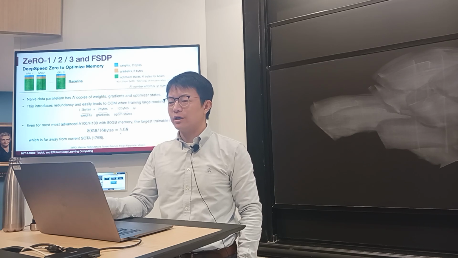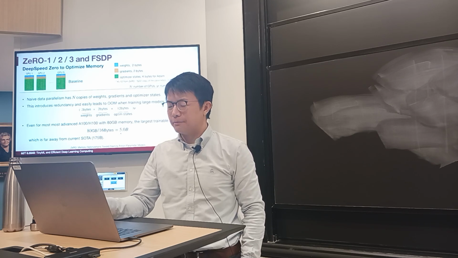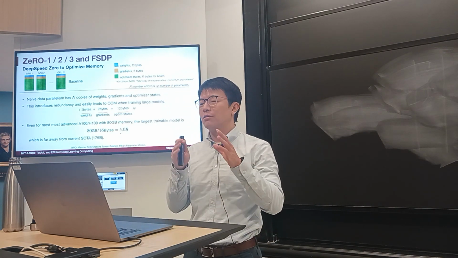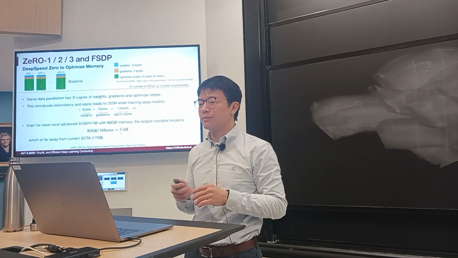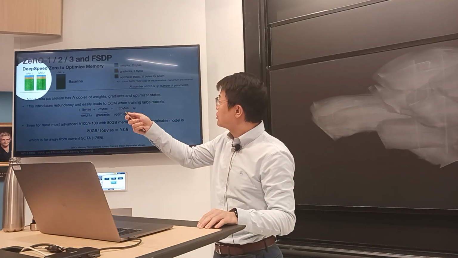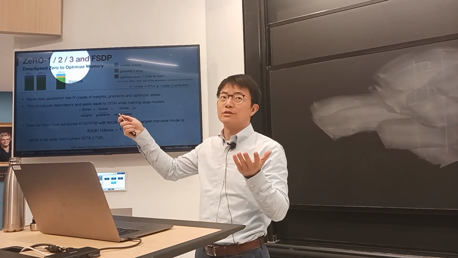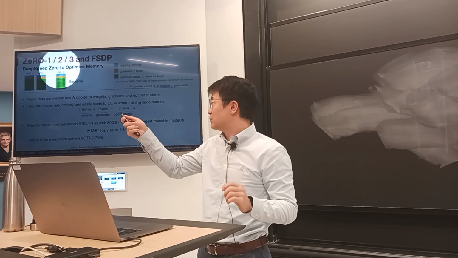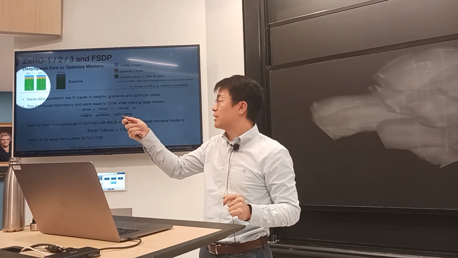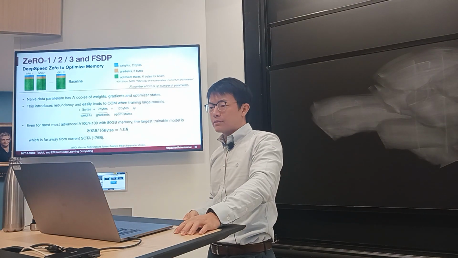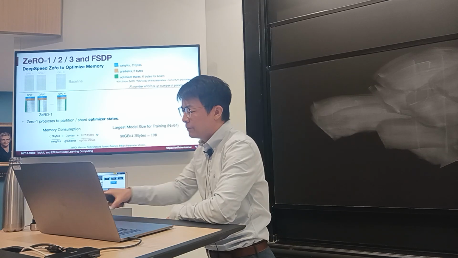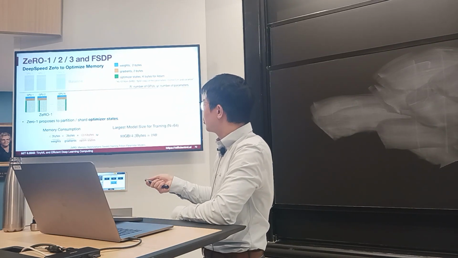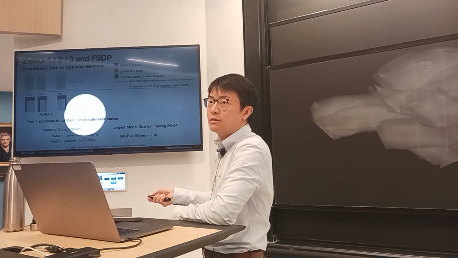So how can we do better? Previously we had n copies of the weight, gradient, and optimizer state across each GPU. Since we are doing data parallelism, they are processing different data, splitting the data, but they are sharing the model. So each GPU has the same copy. ZeRO basically proposed we can partition, or we can call it shard, the optimizer state.